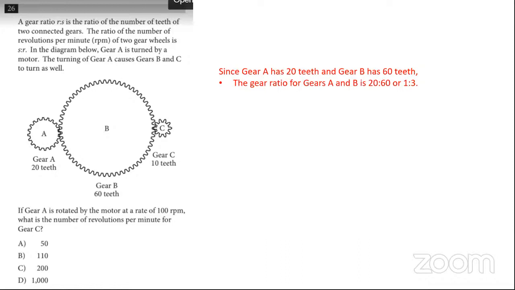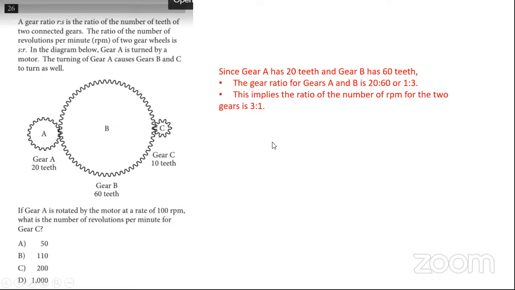So the gear ratio for gears A and B will be 1 is to 3. Since the RPM ratio will be just the inverse, the RPM ratio for gears A and B will be 3 is to 1.